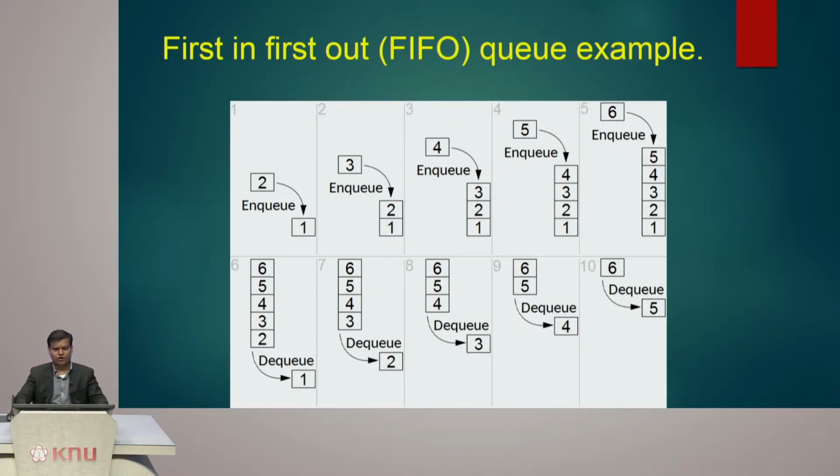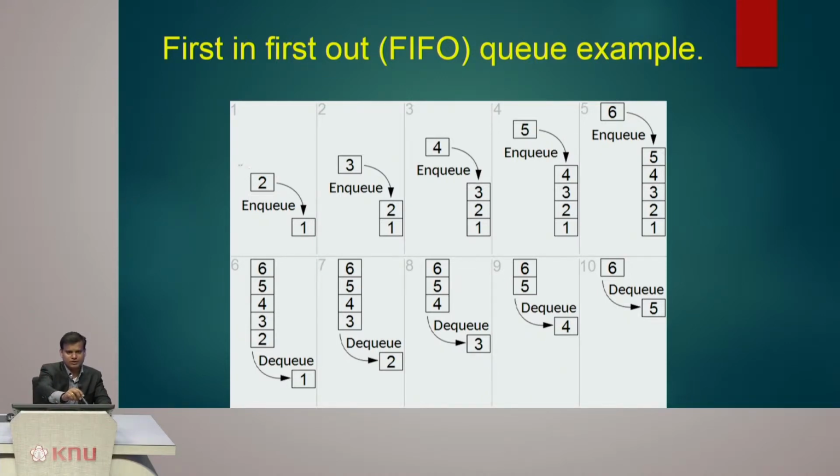So the queue follows the first in, first out model. Sometimes it's said as first come, first serve. Whoever comes first gets served. The first customer gets served. So when the first customer comes, he is the first person in the queue, and when the second person comes, he is added to the queue.